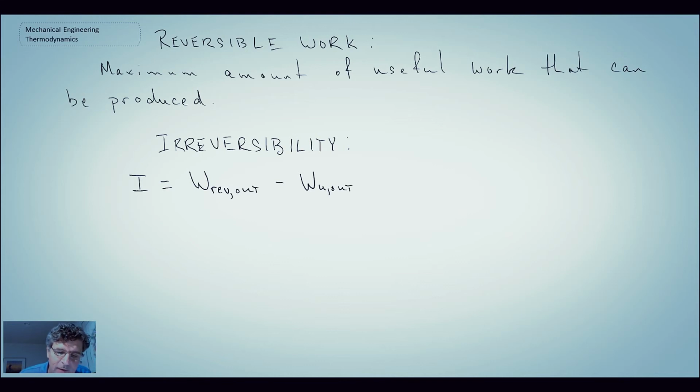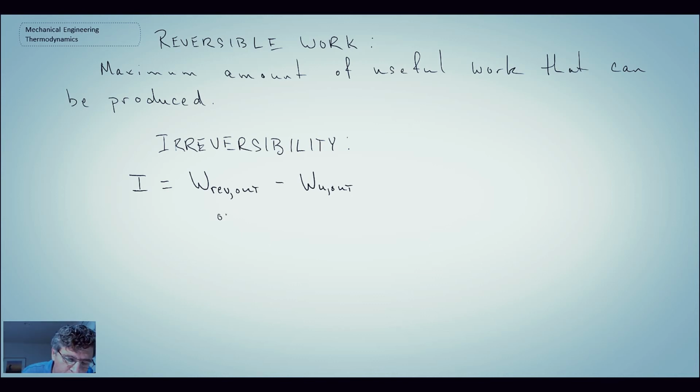And if you have irreversibilities, what will happen is reversible work out is your ideal state, and it will always be larger than the actual or useful work that you get out of your system. And consequently, irreversibility in this will always be a positive number.